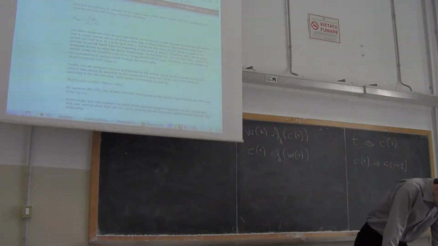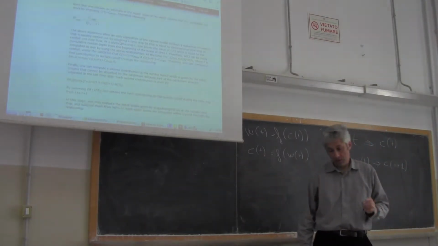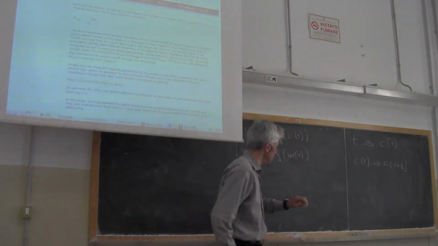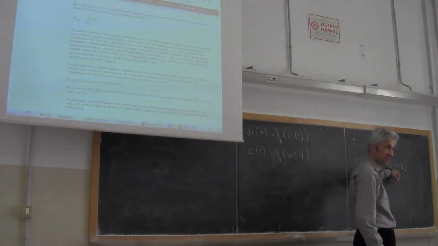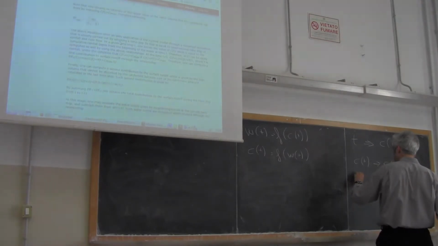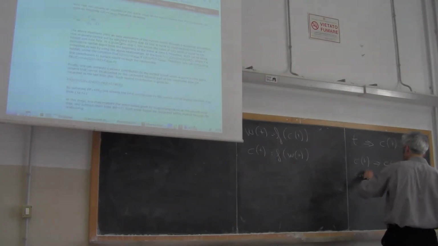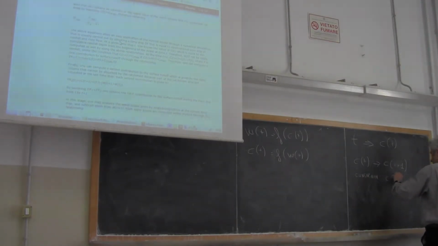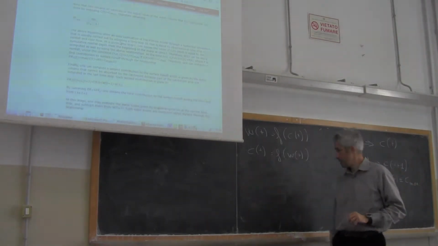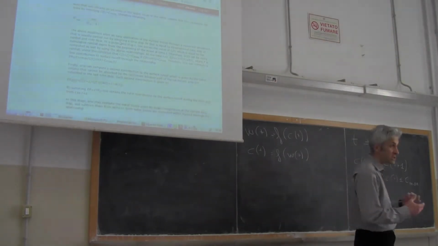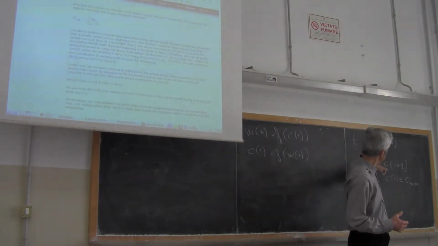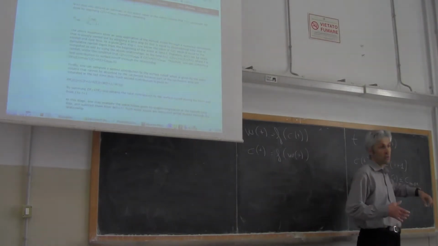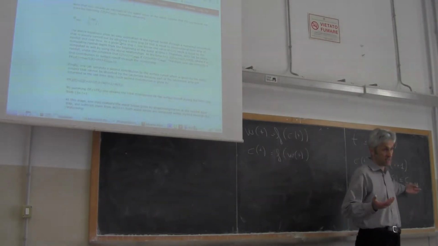But we have to take into account that Ct cannot exceed Cmax. So we have to establish a constraint, and the constraint is that Ct is lower than or equal to Cmax. What happens if it rains so much that Ct plus 1 becomes higher than Cmax?